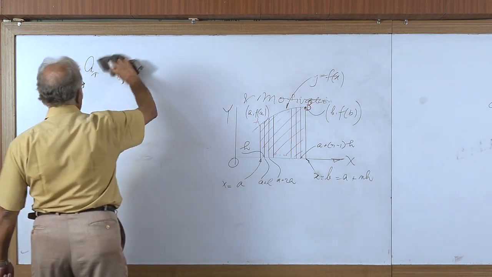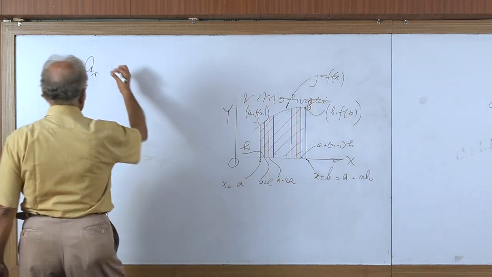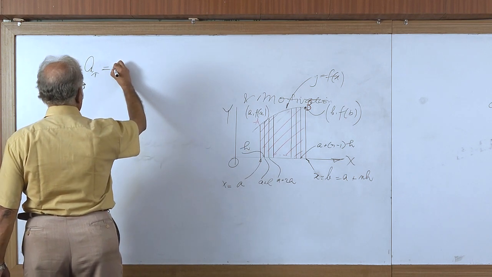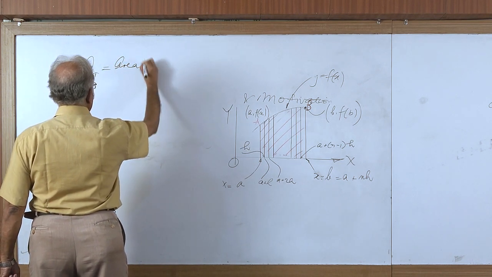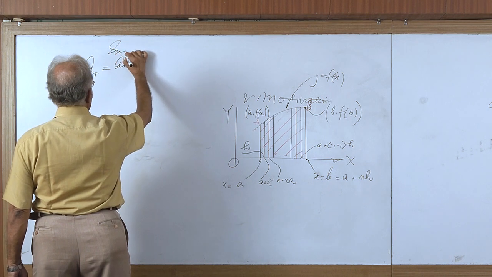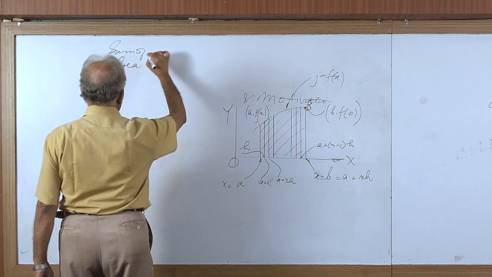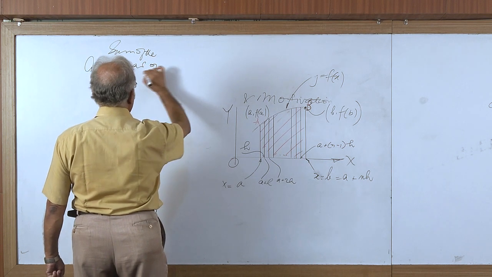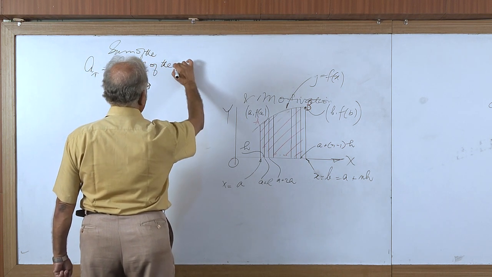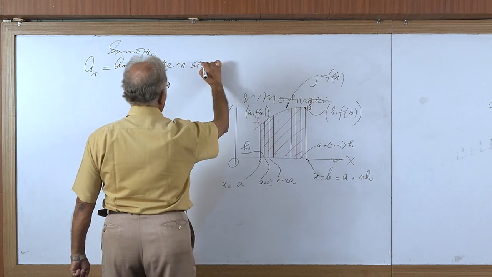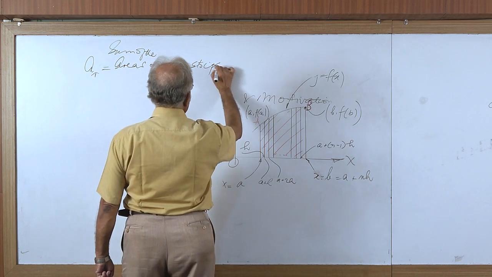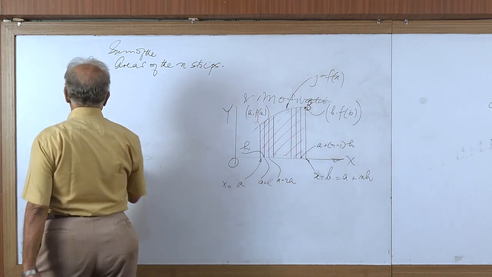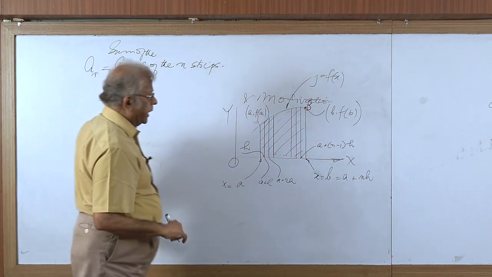We say that the area required, A, is equal to the sum of the areas of the n strips. So let's see the sum of the areas.